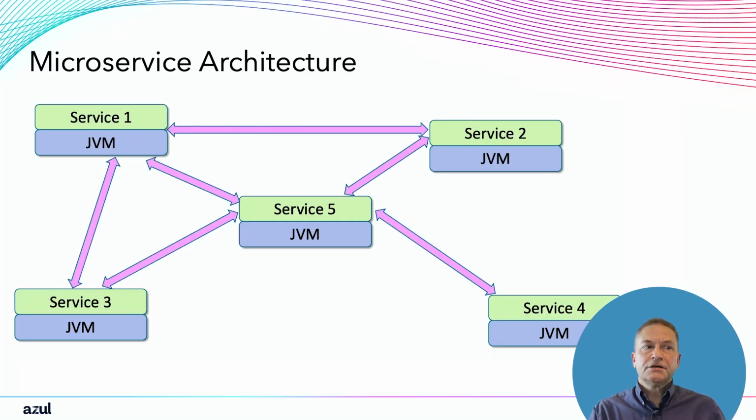If we look at the idea of a microservice architecture, we often see something like this. We've broken up a monolithic application into a number of different services which we then communicate between in order to deliver the functionality of the overall application. Now, this is a very good approach to designing applications because it gives us a lot of flexibility.